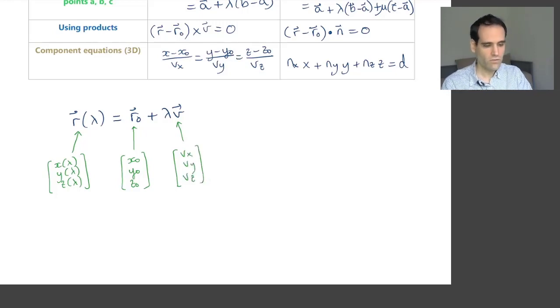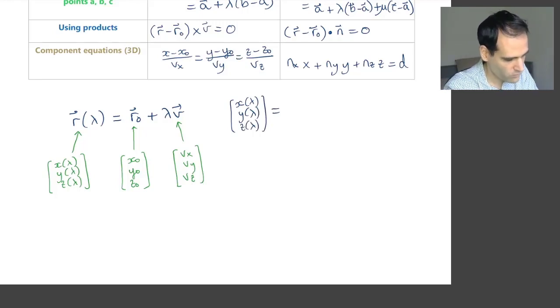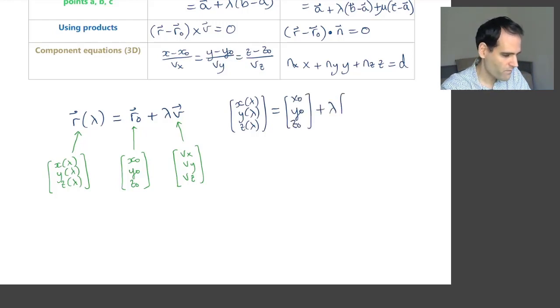So you could write this equation as x of lambda, y of lambda, z of lambda equals x0, y0, z0 plus lambda times vx, vy, vz. Which, if you think about it, is nothing else than three different equations, right?